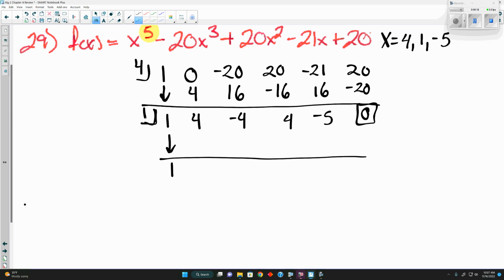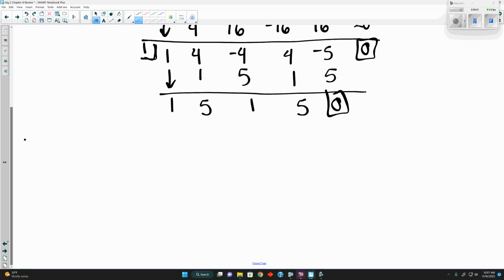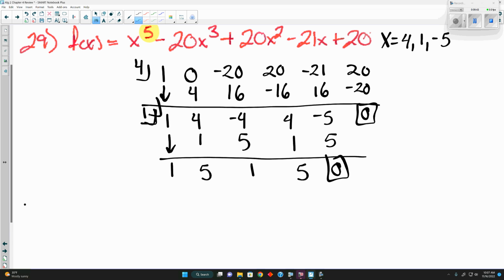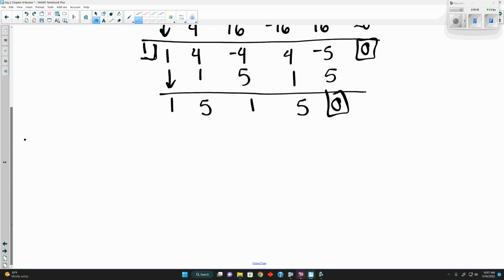Next one we can have is 1. 1 times 1 is 1, 4 plus 1 is 5, 1 times 5 is 5, -4 plus 5 is 1, 1 times 1 is 1, and 1 plus 1 is 2... we need 0. Well, we can do this one more time.